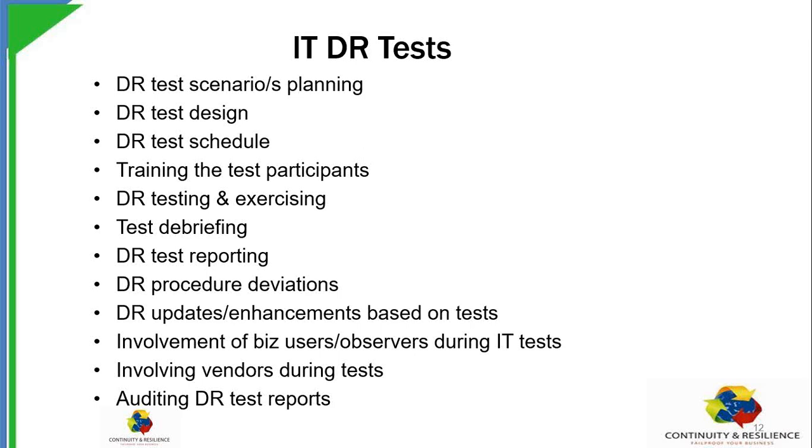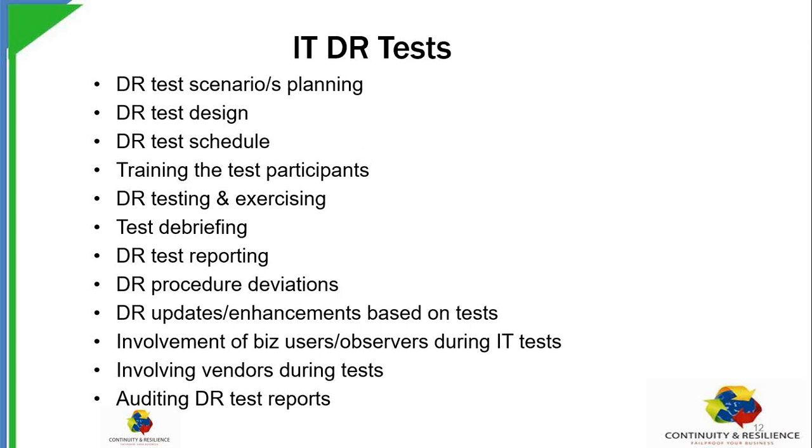DR updates and enhancements based on tests, involvement of business users or observers during the IT test, involving vendors during the test. Are you going to actually involve vendors? If you're doing a full-fledged test, then you're more likely going to involve the vendors as compared to when you're doing a test for a particular section.